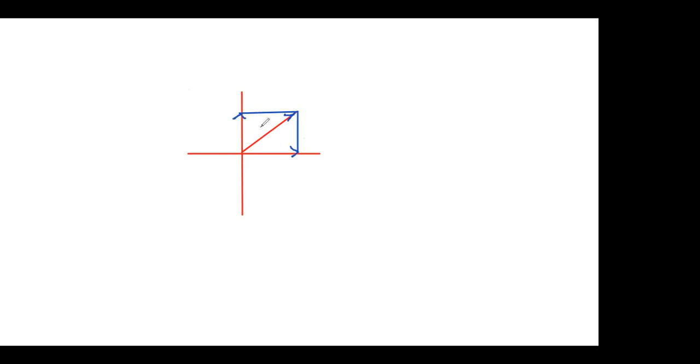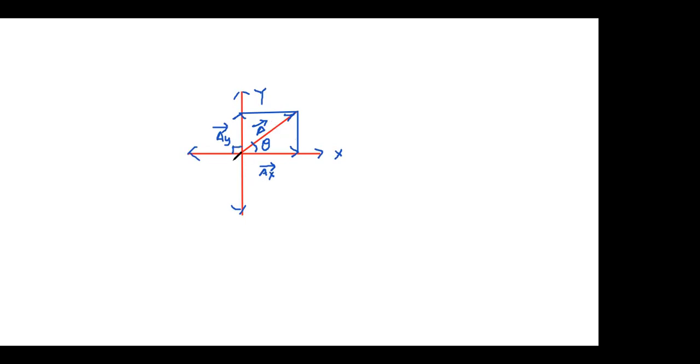So suppose A bar is a vector making angle theta with x axis. Let Ax bar, Ay bar be its rectangular components along x and y axis respectively.